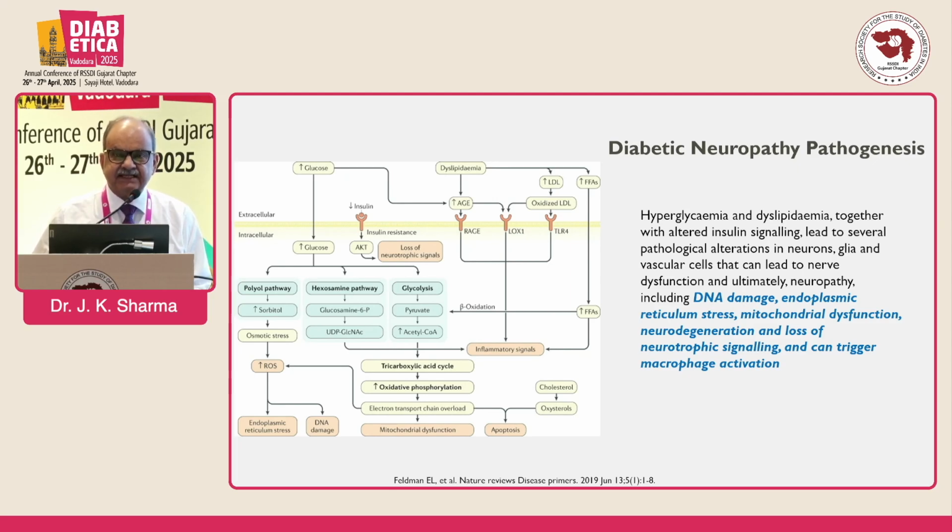So that is the reason that we look for these complications in type 2 diabetic patients at the time of diagnosis. And in type 1 diabetic patients, 5 years after diagnosis, or if the patient attains puberty, if it is a female.